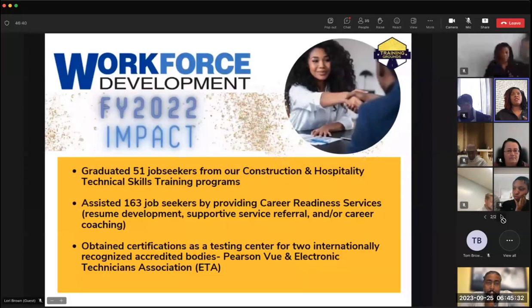And we really celebrated this accomplishment because it allows us to create a testing environment inside of our location for participants to not just receive the training, but also to pass internationally recognized and nationally recognized credentials. So we look forward to expanding upon this mechanism as we grow through 2023 and beyond.